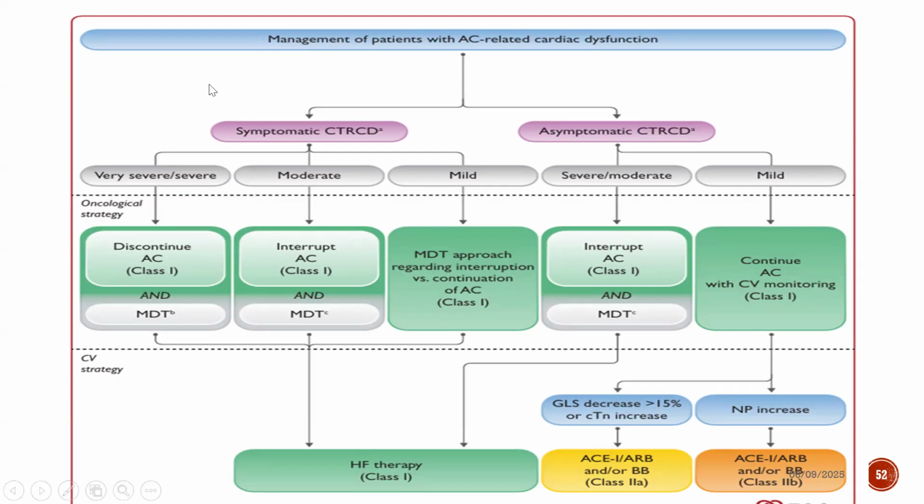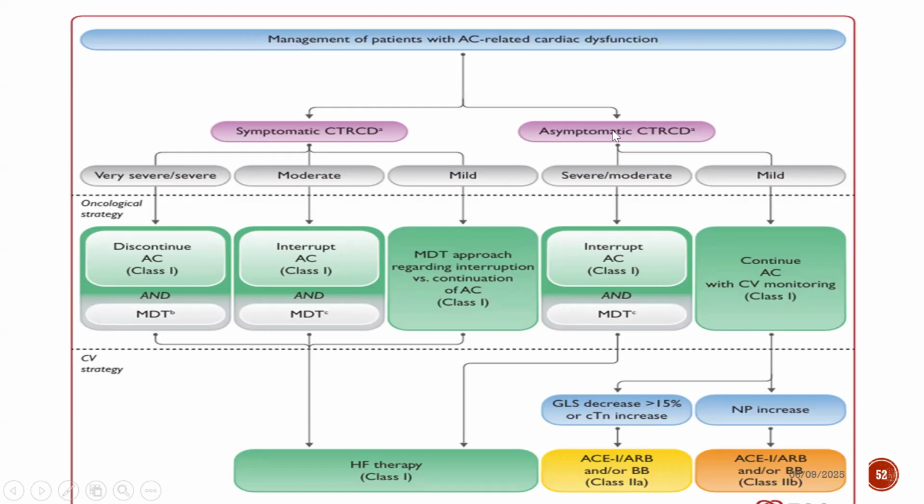Okay, so this algorithm is mainly for the management of patients with anthracycline-related cardiac dysfunction. And what we do for these patients will depend on whether or not they have symptoms.